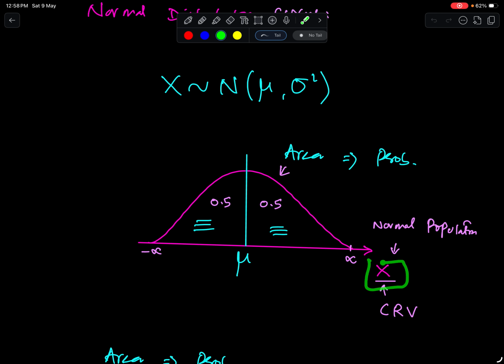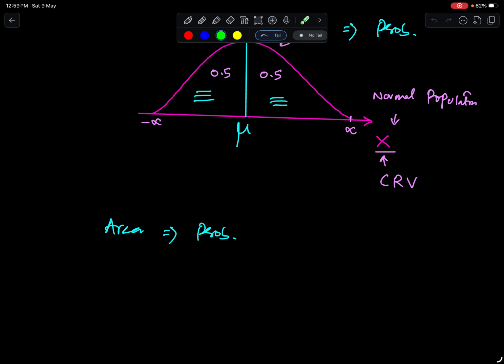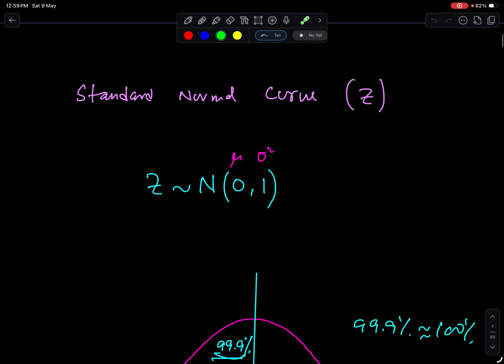This is known as normal variable, continuous random variable. Area under the graph corresponds to probability. Standard normal curve, Z is normal with mean 0 and variance sigma square is 1.